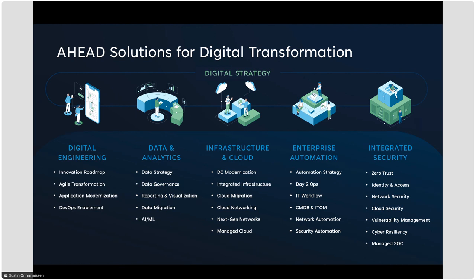Be it multi-cloud strategy, how does that impact networking and security? Maybe zero trust architecture on the security front, understanding what your assets look like so you can apply least privileges, or how do I build an automation strategy if I don't have a handle on the assets that are there today.